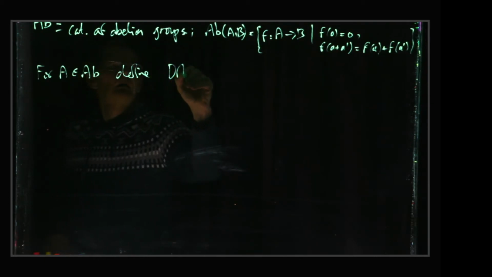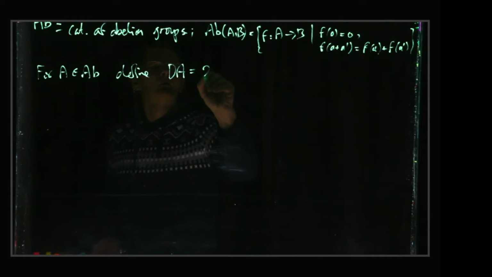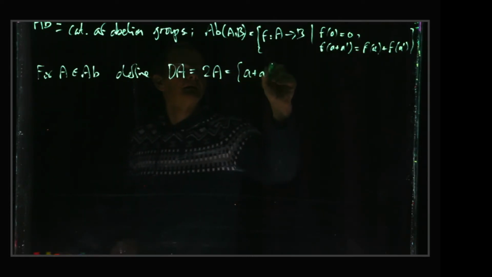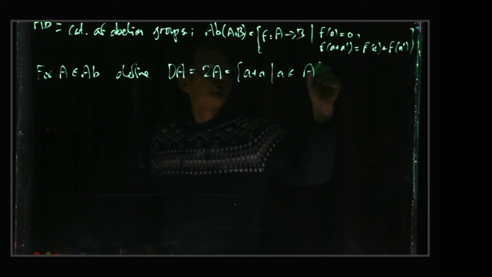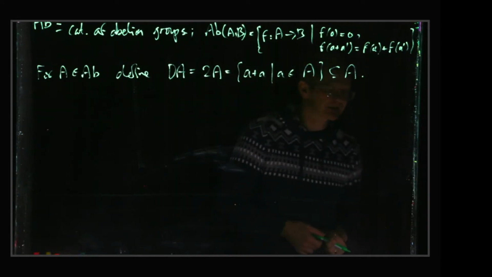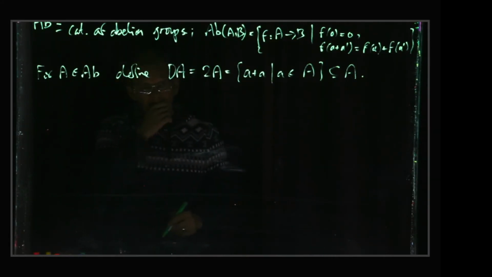So D(A) is just going to be the double of A, 2A, the set of a plus a. So this is a certain subset of A, the set of things which can be written as a plus a for some a.